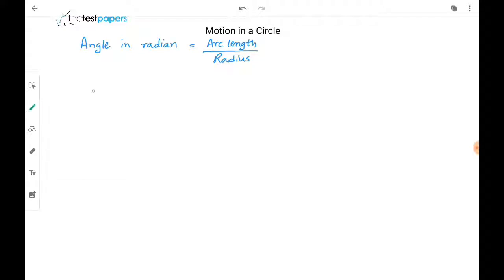So if we take this circle here and we consider this arc length from A to B as S1 and the radius of the circle as R1, then the angle theta here in radians is S1 by R1.